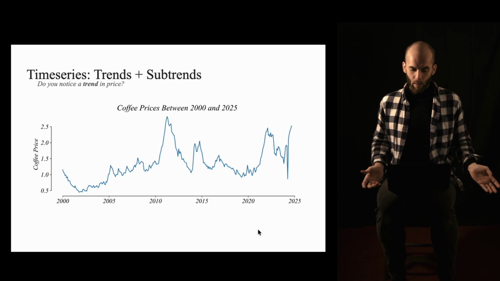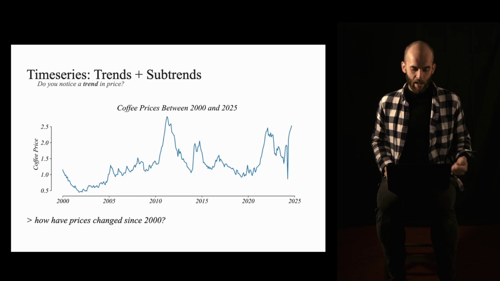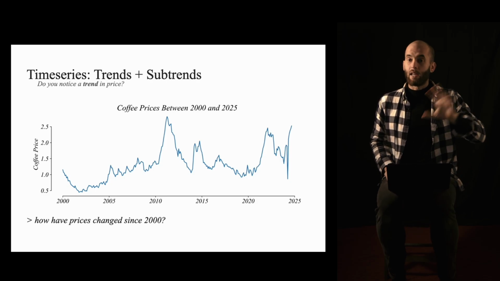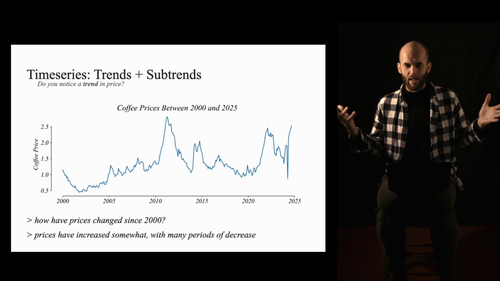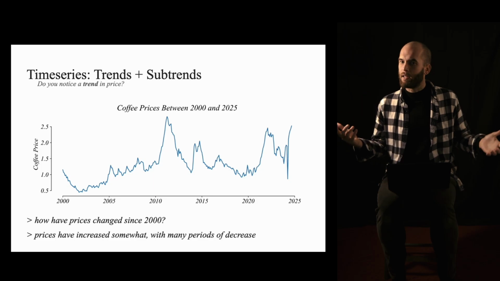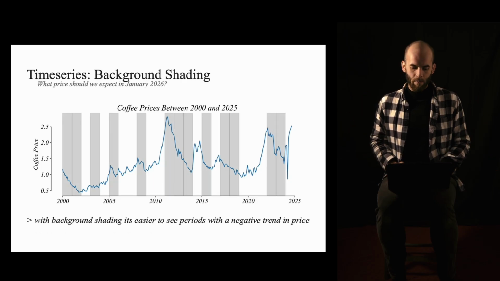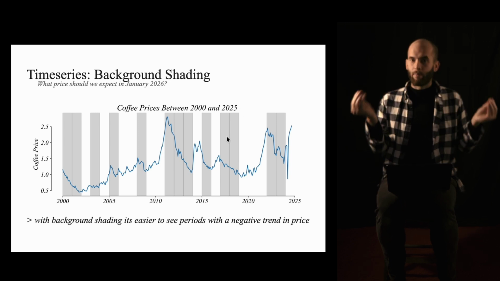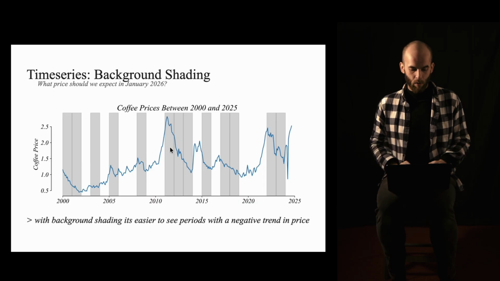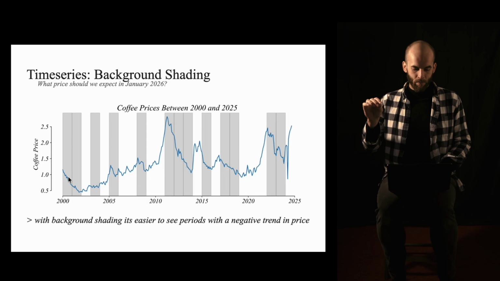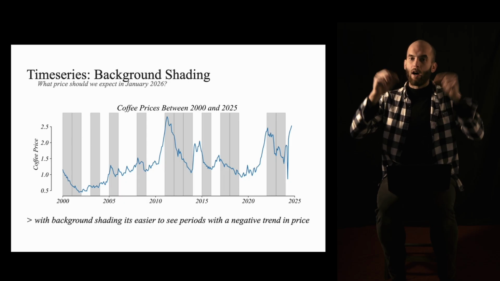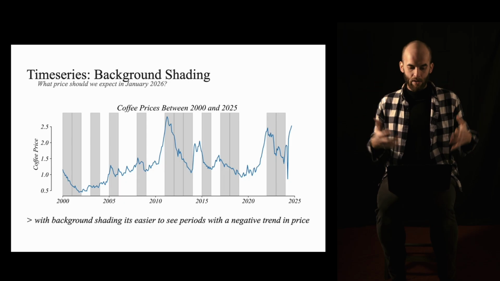So another thing we can do with time series, and you'll often see this with these kinds of time series, and I've seen it in GDP time series, you can actually plot regions where you have positive and negative trends using background shading. So this is just a quick little picture here. What I've done is isolate specific quarters and checked whether the price has gone up or gone down during these quarters.